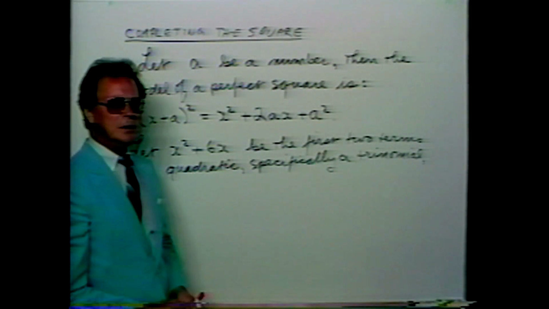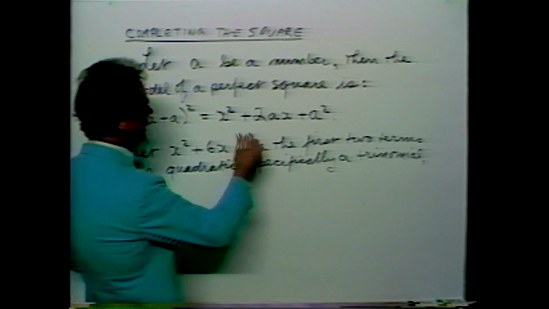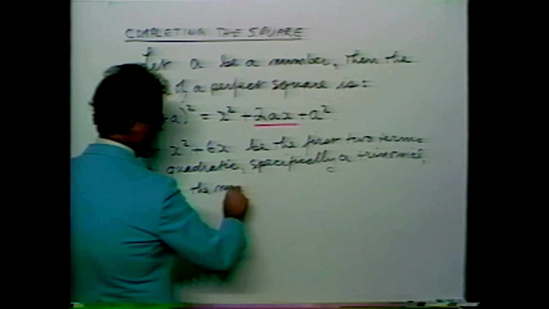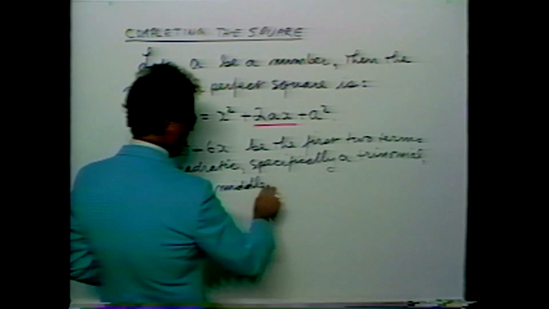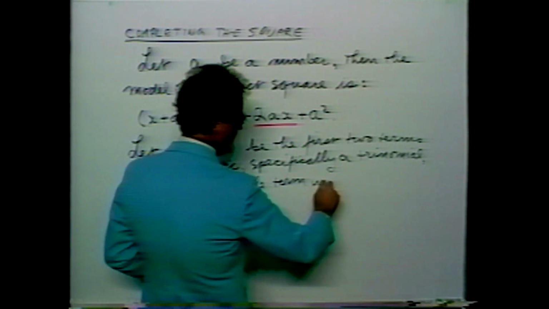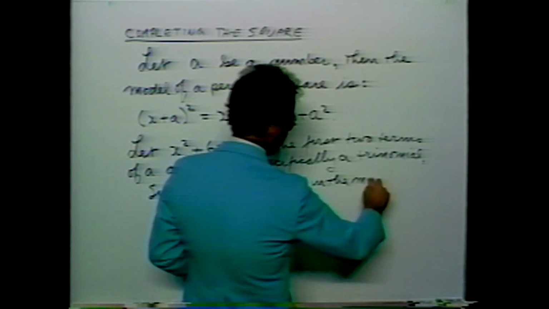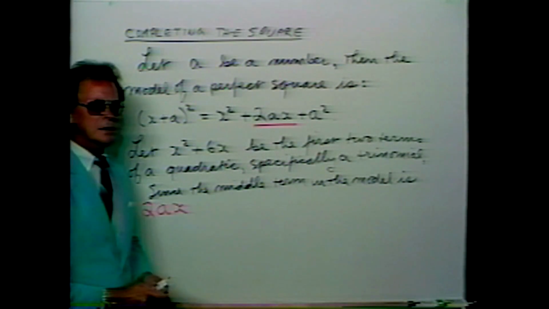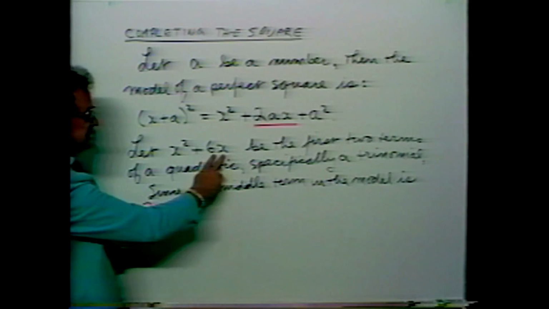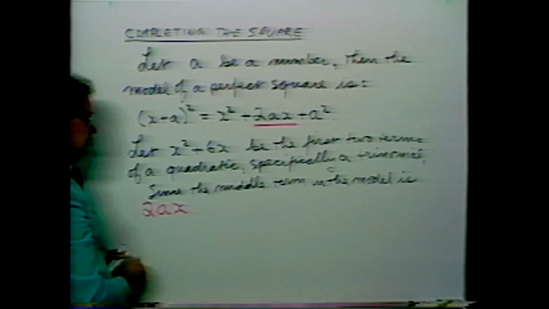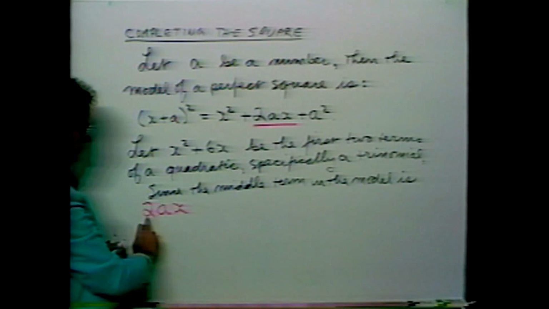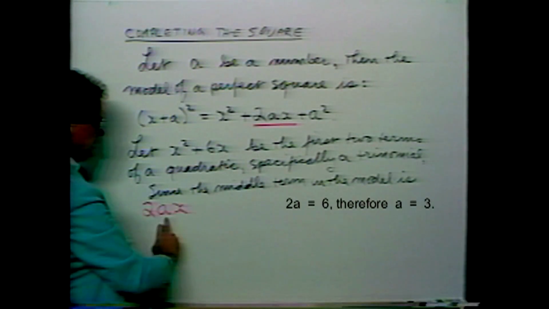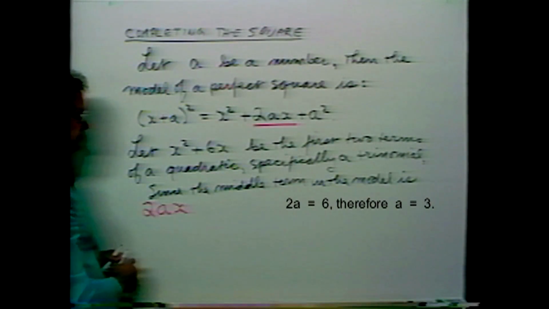Since the middle term in the model is 2ax, then by comparing this to 6x, a must equal 3. 2 times 3 is 6, 6x.